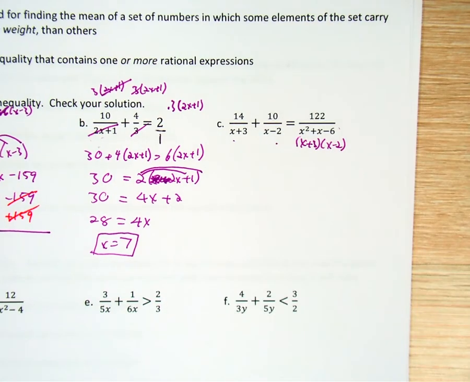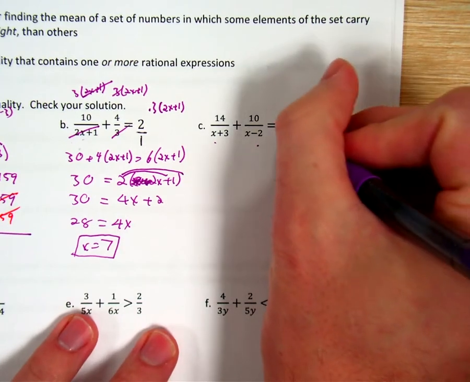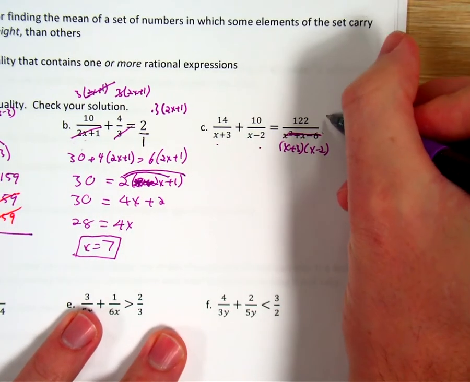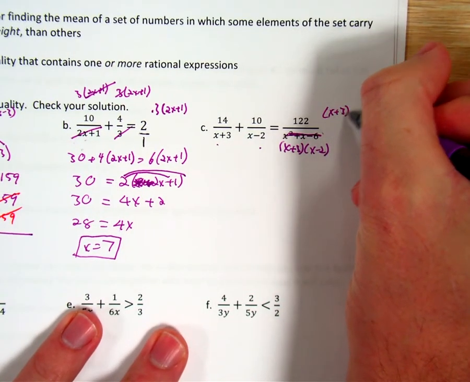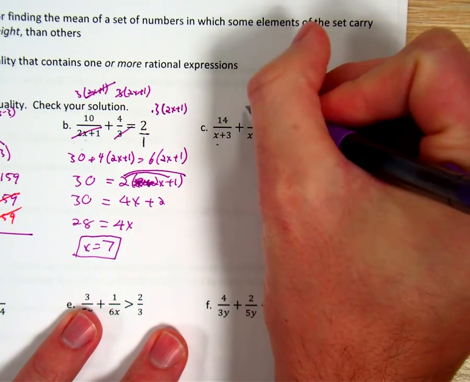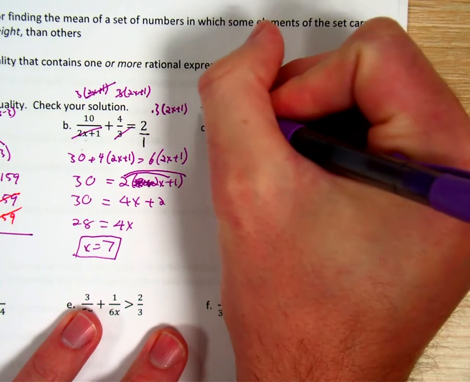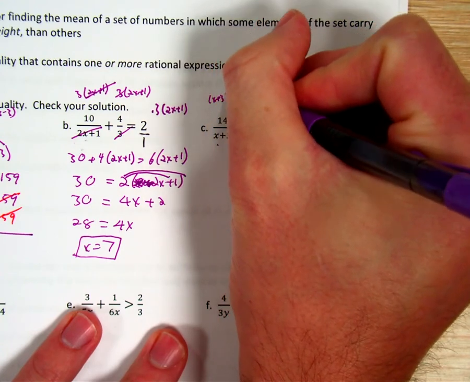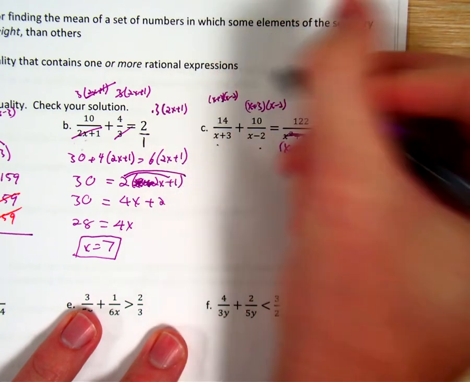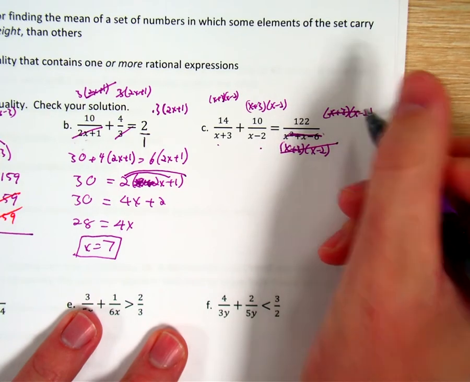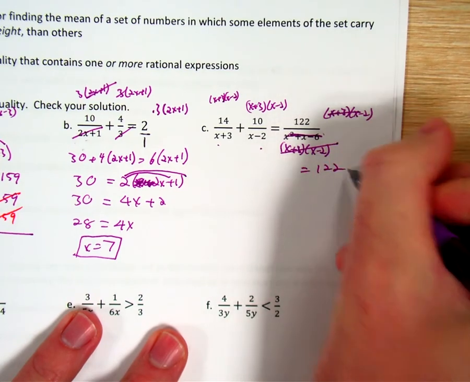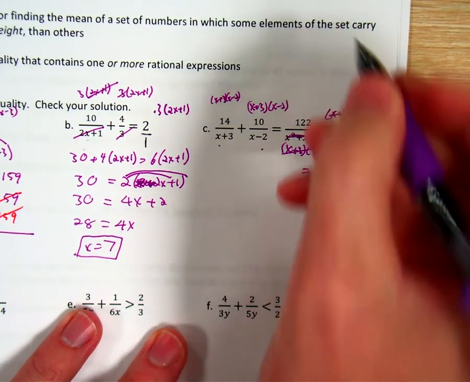That's what I multiply everything by on both sides: x plus 3, x minus 2. Those all cancel. We just have 122 left on the right.